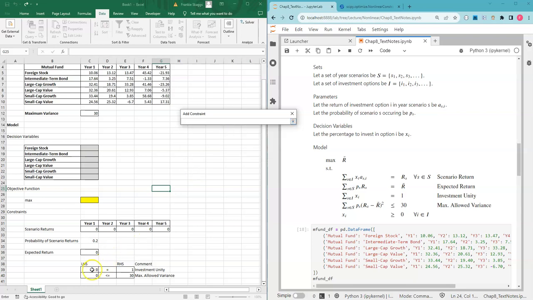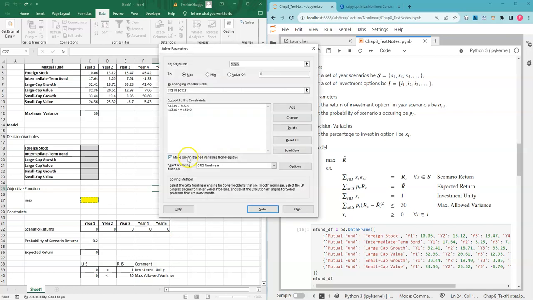Let's just go one by one here. We've got an equality here that needs to be entered. And then R less than or equal for our variance limitation here. Very good. We want to make the unconstrained variables non-negative. Yes, we are still okay using the GRG nonlinear solver. That is good as well.